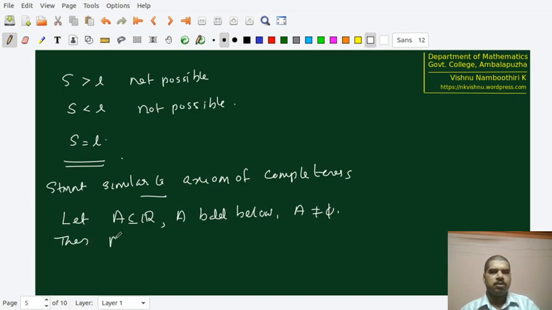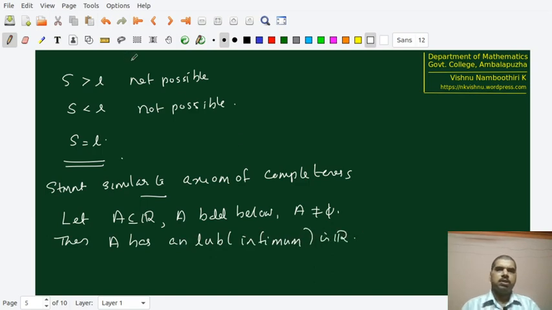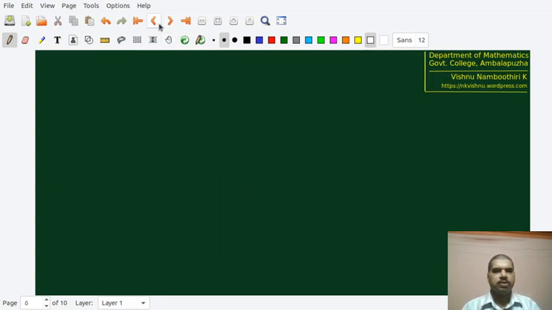Then A has an infimum in R. We can actually prove this using the problem that we just finished.